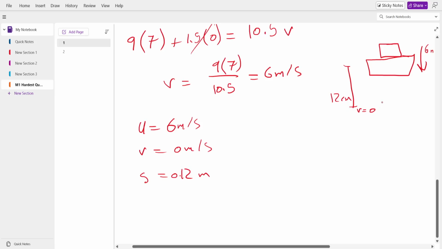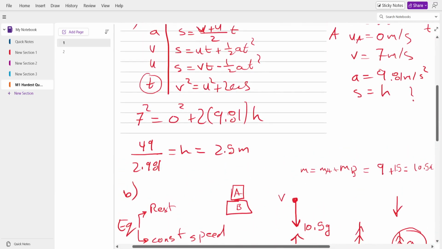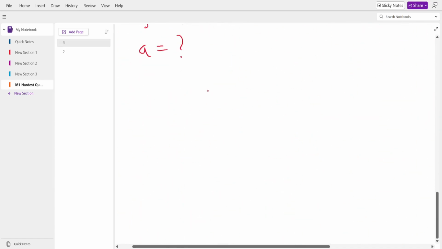I'm taking downwards as positive, so u is 6 meters per second downwards, so it's positive. v is 0, so no positive, no negative, and my displacement is below my starting point, so it's also downwards, a positive value. And my a, I don't know. Which letter didn't I mention? It's the letter t, so I will use the equation without t, which is v squared equals u squared plus 2as.